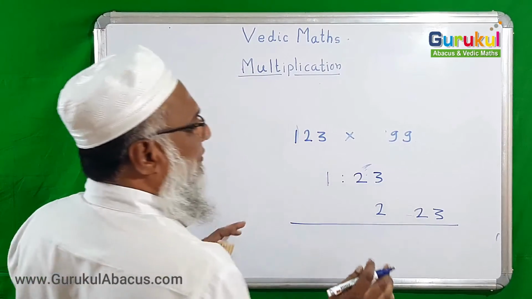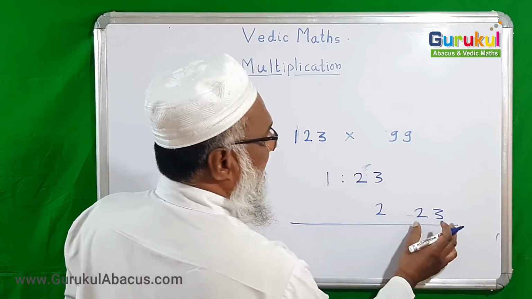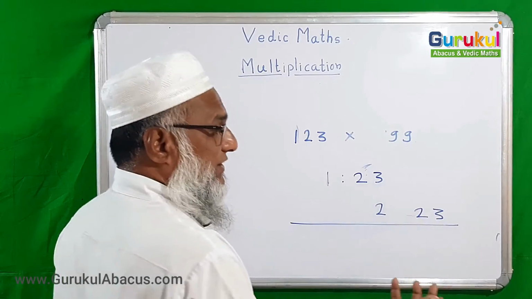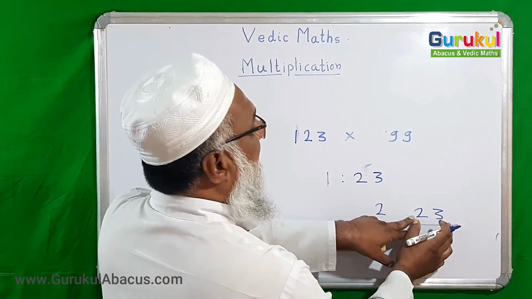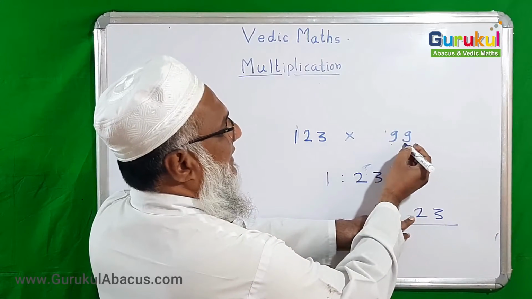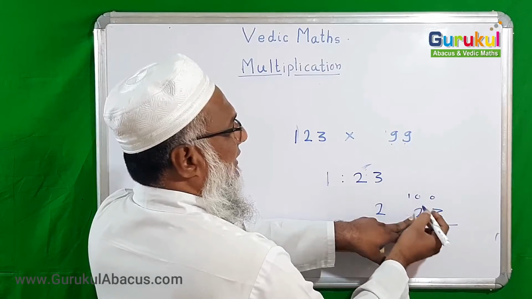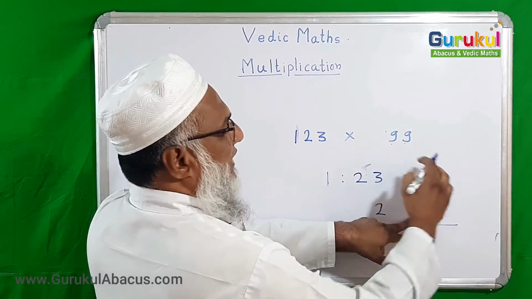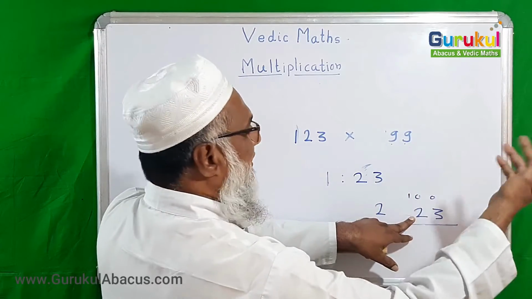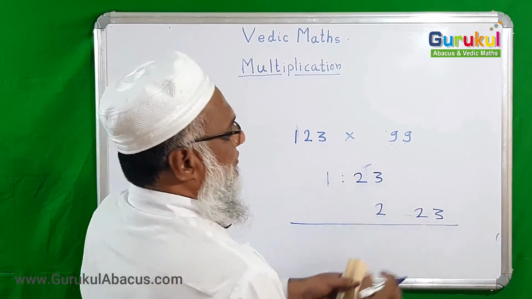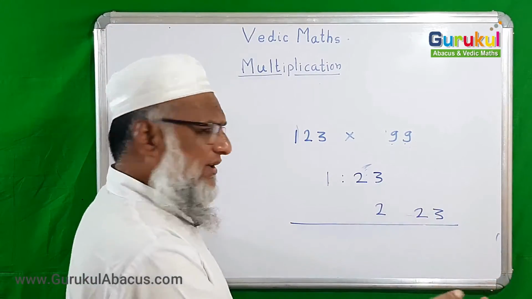Now what to do here? Simply we subtract this number from 100. Now what is the criterion for subtracting from 100? Here we have 99, which means 2 digits, like 10, 100, 1000, 10,000. So we are subtracting this 23 from 100.